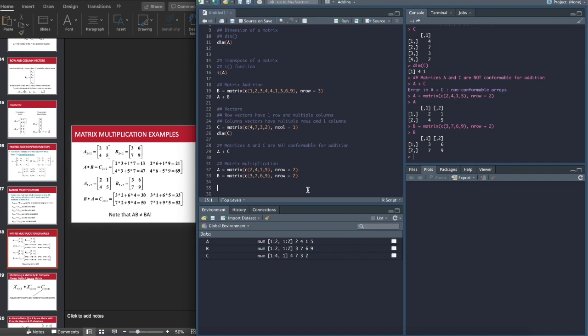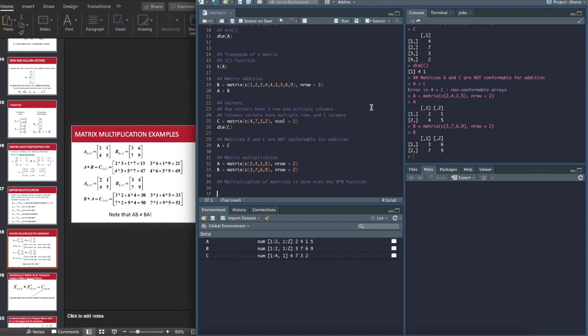Multiplication of matrices in R is done with the percent asterisk percent function. In other words, if I want to multiply A times B, I can't really use the plain asterisk; that would not work for matrices.